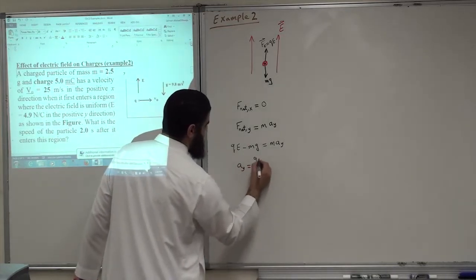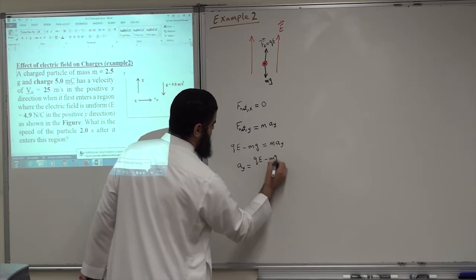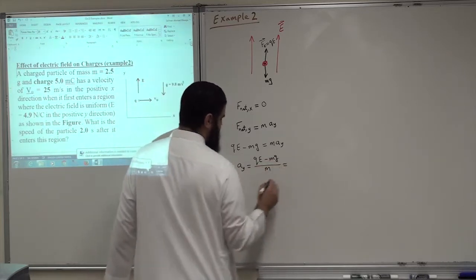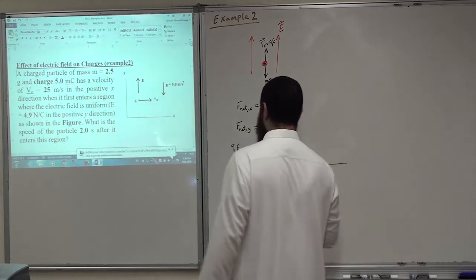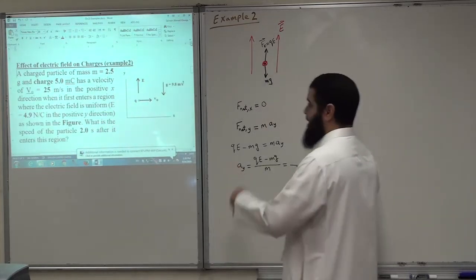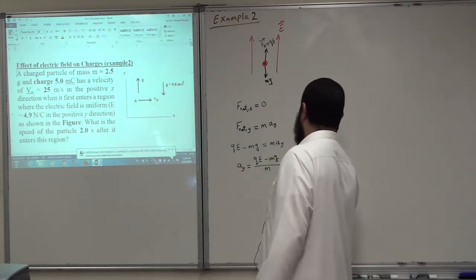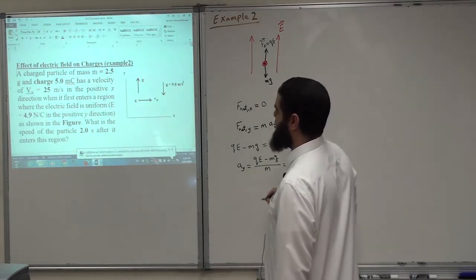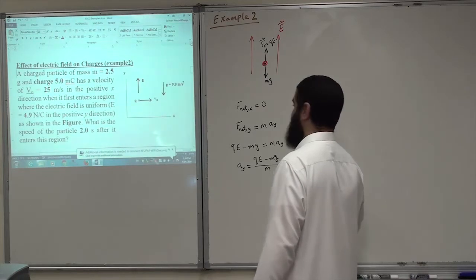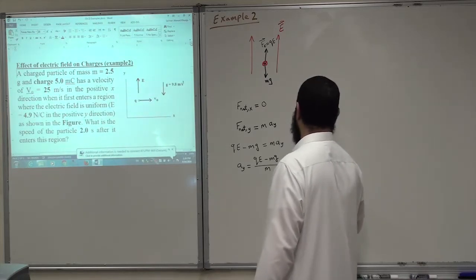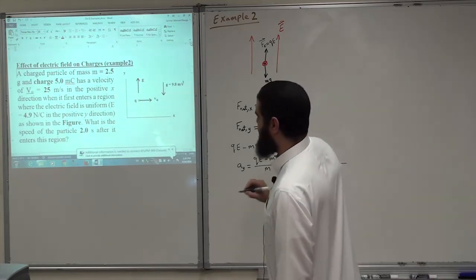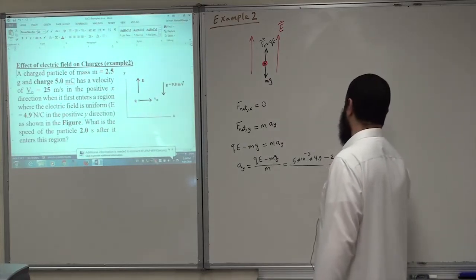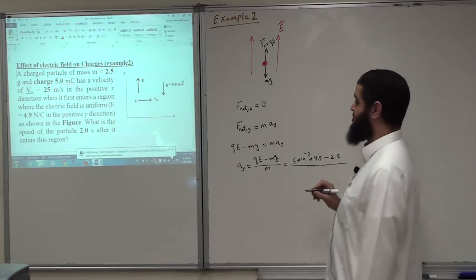This will be QE minus mg divided by the mass of our particle. If we do these calculations, let's see. The charge is 5 times 10 to the minus 3 coulomb multiplied by the electric field, which is 4.9 Newton per coulomb, minus the mass, which is 2.5 grams.